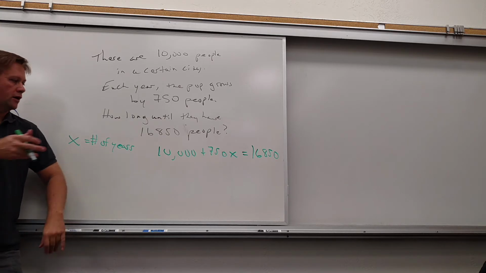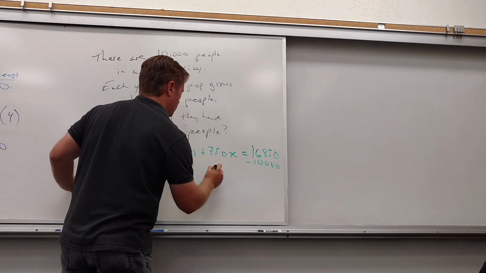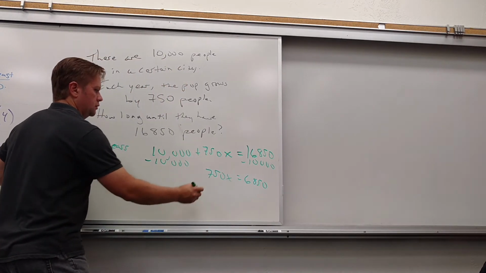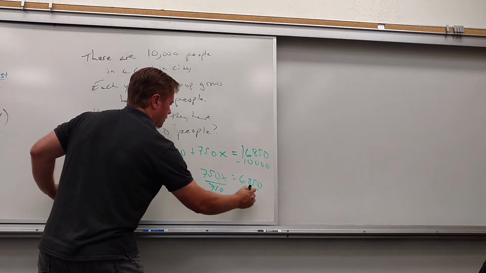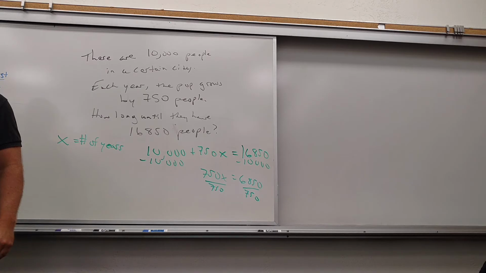So did I make a nice one? I don't know. Hopefully I did. I tried to do it real quick in my head to make something interesting. 6,850 divided by 750. Doesn't look like it's going to go in evenly. Too bad for me.